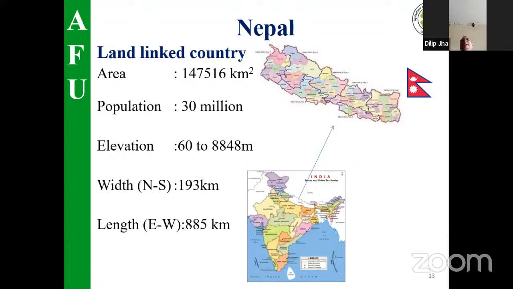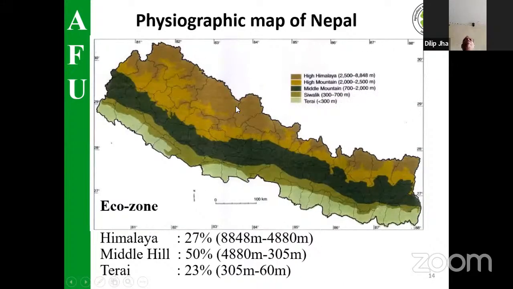Width is only 193 kilometers and length is 885 kilometers. It is bordered by India on the western, southern, and eastern parts, and by China completely on the northern part. So see the physiography of Nepal, the upper parts.